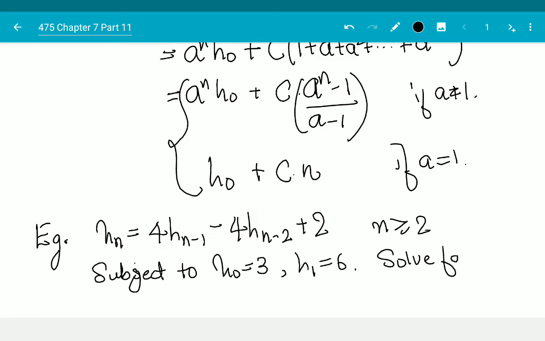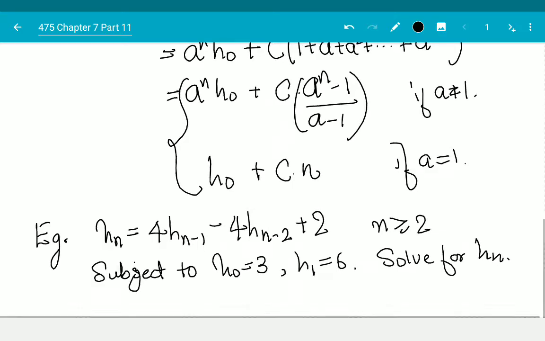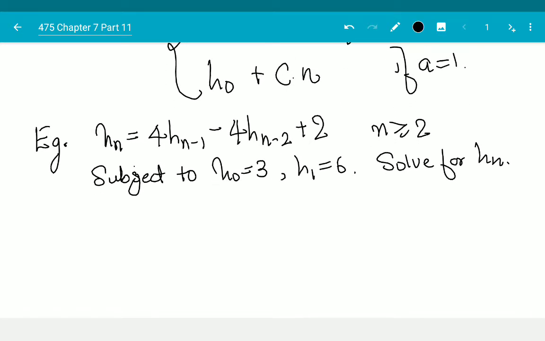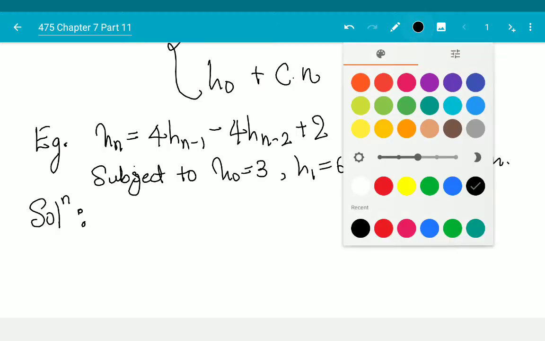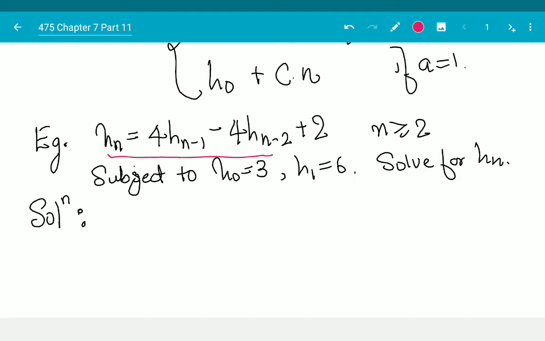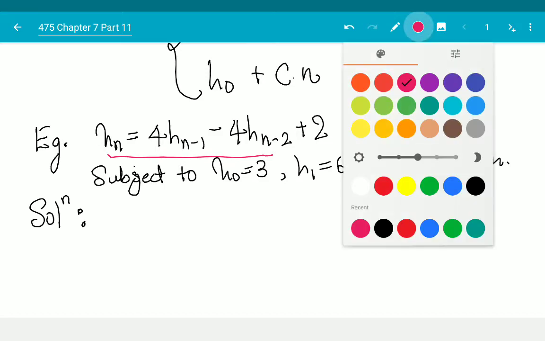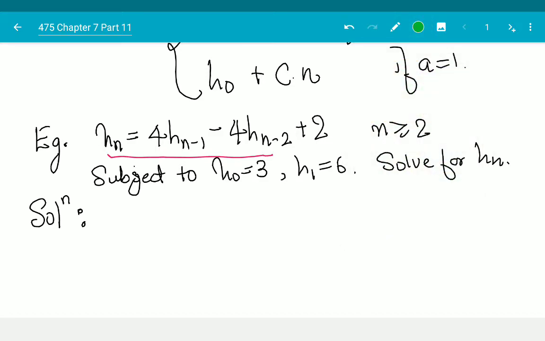Solve for h_n. The idea is you split it into two parts. You split it into the homogeneous part, which is this part, and you solve for a particular solution of the non-homogeneous part.